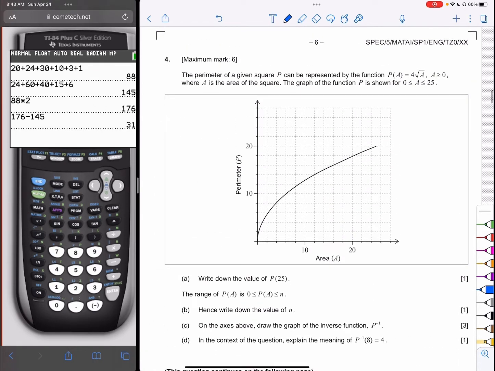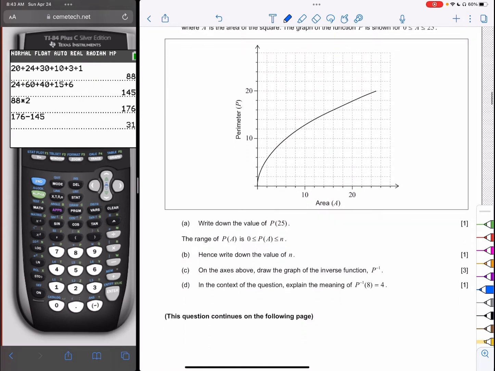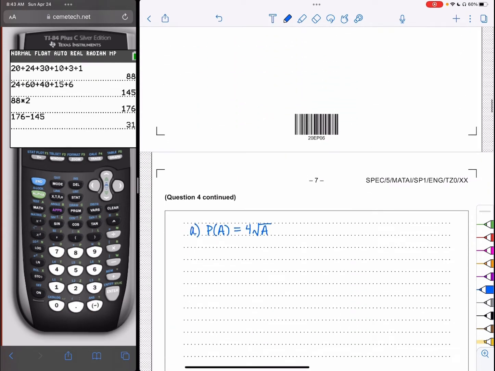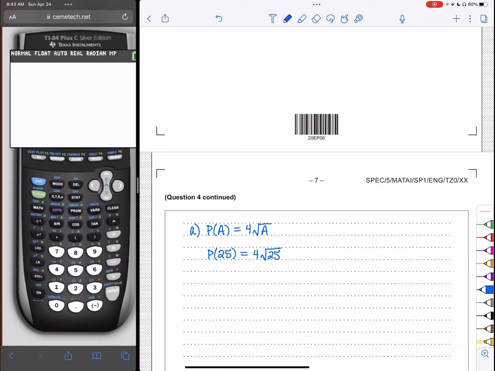All right, so we got that from the beginning. So now if they want us to find P of 25, we know that we're going to substitute 25 in. So P of 25 is going to be equal to 4 times the square root of 25. We should know that the square root of 25 is 5, and 4 times 5 is 20. All right, so that's the answer to part A.